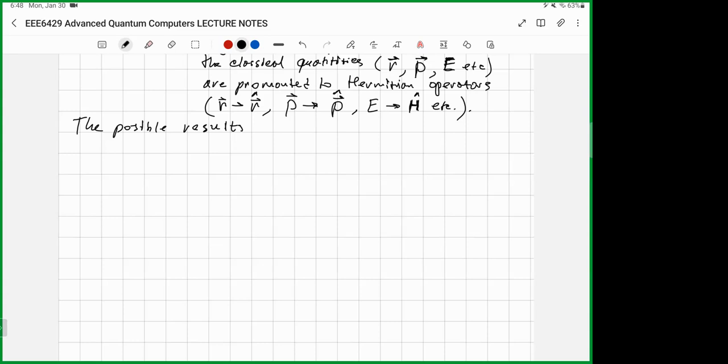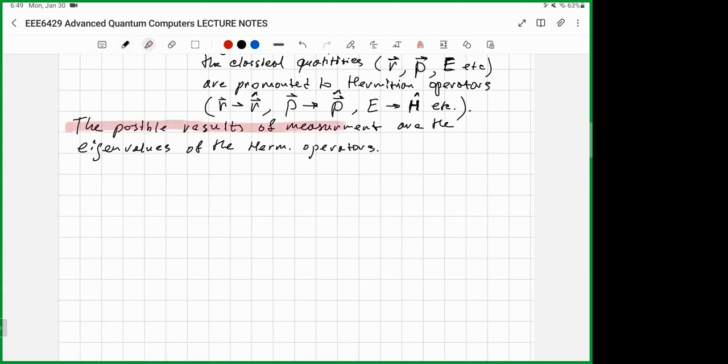So the possible results of measurement are the eigenvalues of the Hermitian operators. Let's highlight this point in red. So what does it mean?